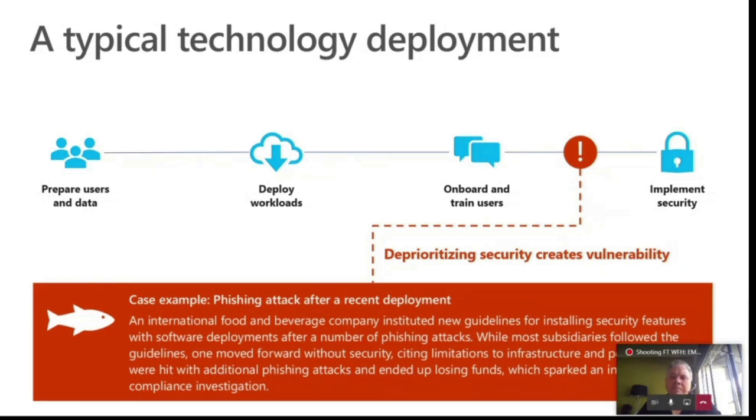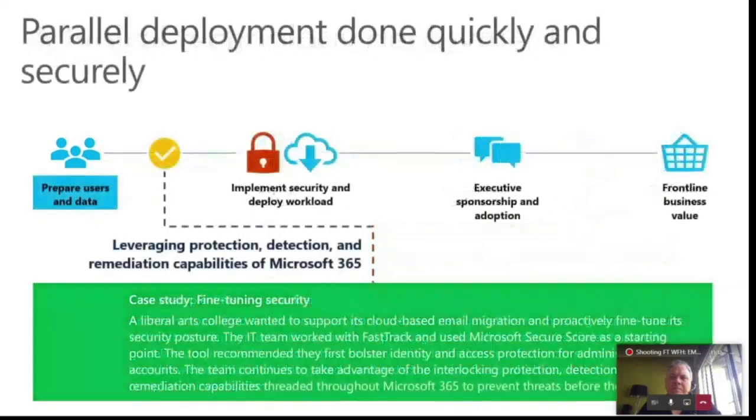Our recommendation, when deploying a workload like Teams or any other workload, is to keep security in mind, not as an afterthought past the deployment of the workload. Don't do it after. Plan for it before.